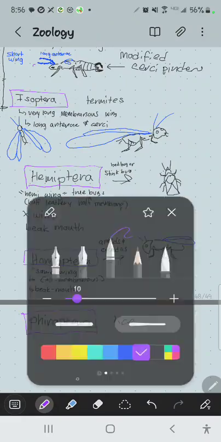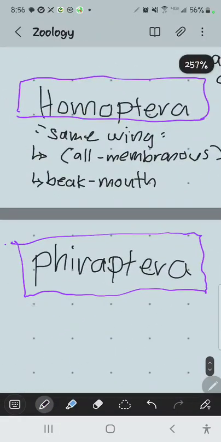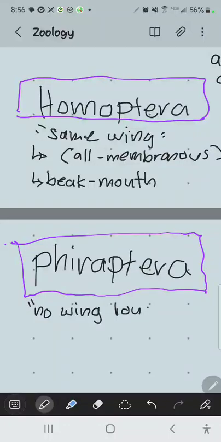And so lice have basically been hitching a ride on humans since the very beginning, probably evolved along with humans. Anyway, these have no wings. So they're vestigial wings, so no wings. They have a beak mouth.